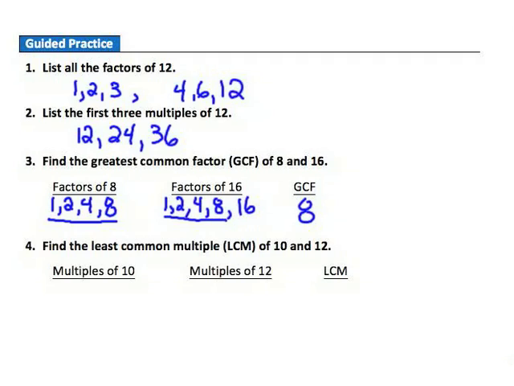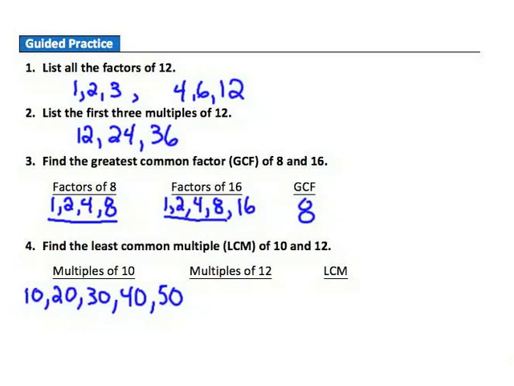Question 4. Find the least common multiple of 10 and 12. So we want the very smallest multiple that these two numbers have in common. Well, let's look at multiples of 10. 10 times 1 is 10, then 20, 30, 40, 50. Let's see if that's enough. It might not be. We might have to list more, but let's stop right there and see.